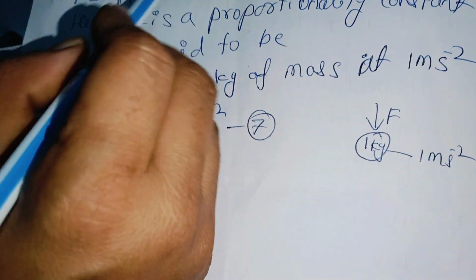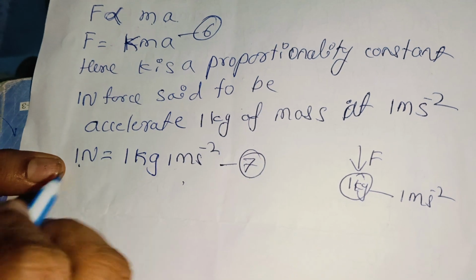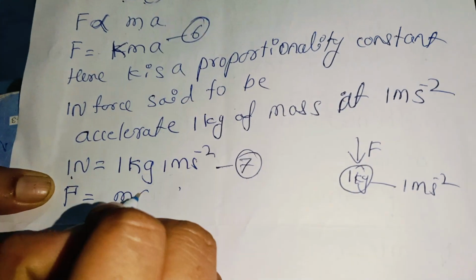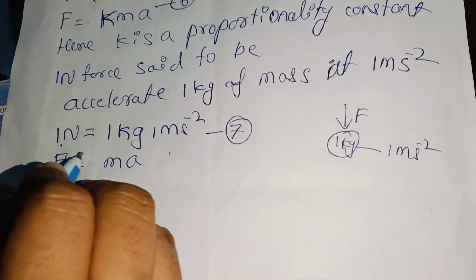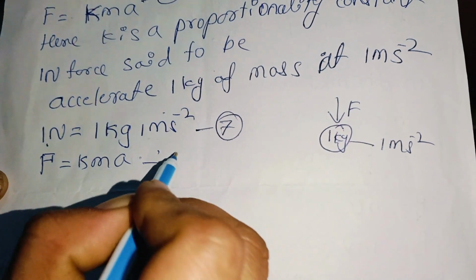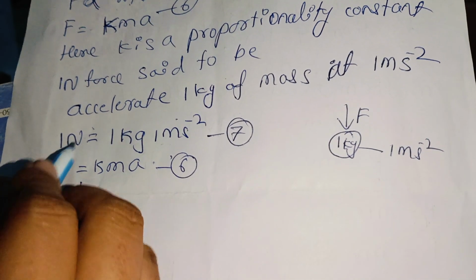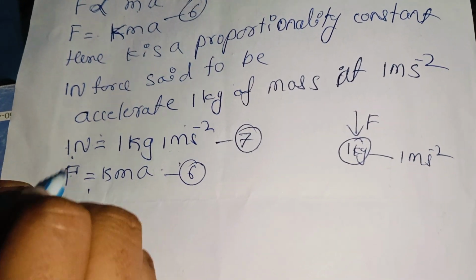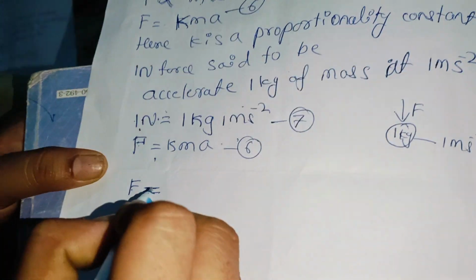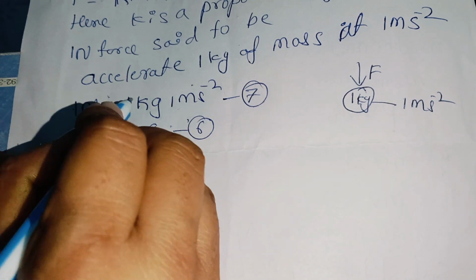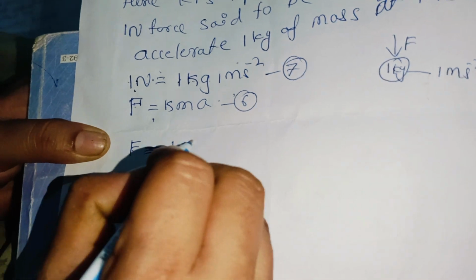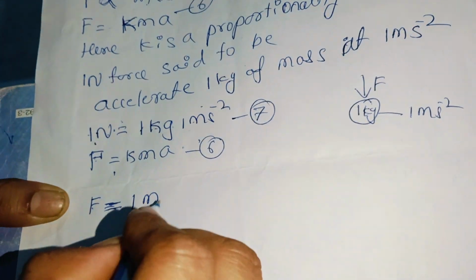Compare equation number 6 and 7. F is equal to k into m into a. Comparing, 1 Newton is replaced by F, 1 kg is replaced by m, and 1 meter per second square is replaced by a.